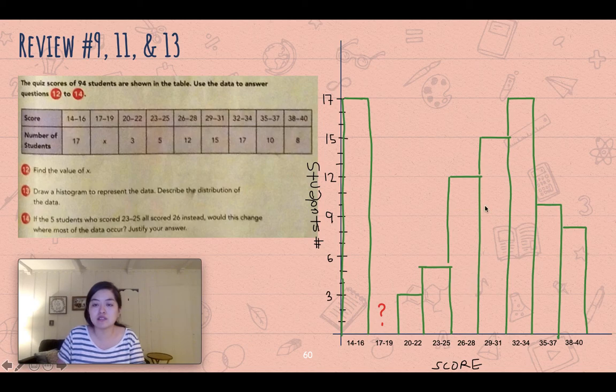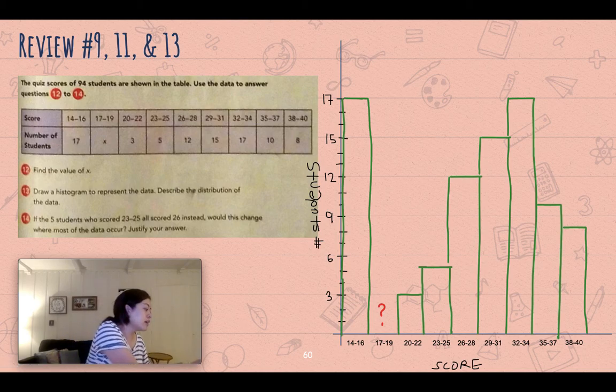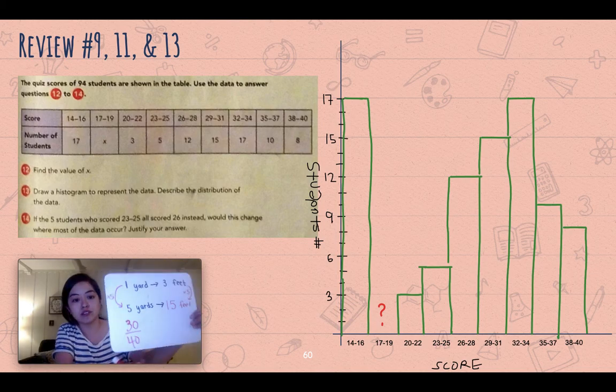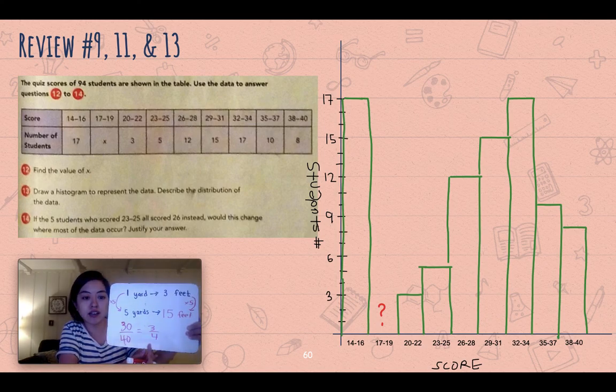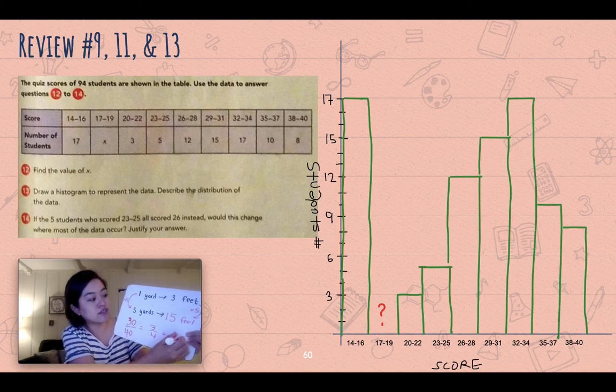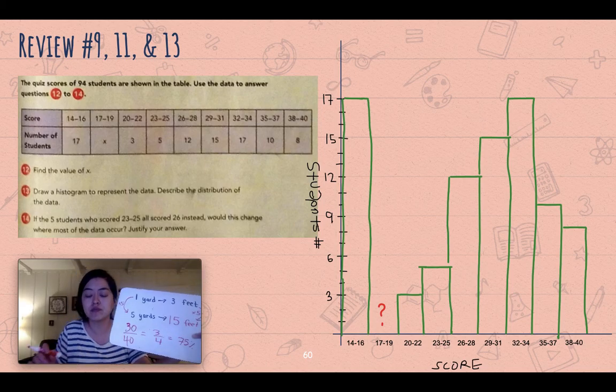And then I know that a score of 30 out of 40 is 3/4 when I simplify it. So 30 out of 40 is the same thing as saying 3/4. And 3/4 is one of the fractions that I memorized, which is 75%. Okay, a score of 75%.